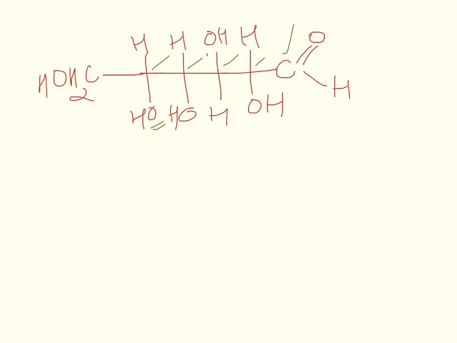Out of the 6 vertices of the ring, 1 vertex is oxygen, the rest are all carbons. So this is what the ring is going to look like. And this vertex is oxygen, which is this oxygen right here. And the rest of the molecule as is.